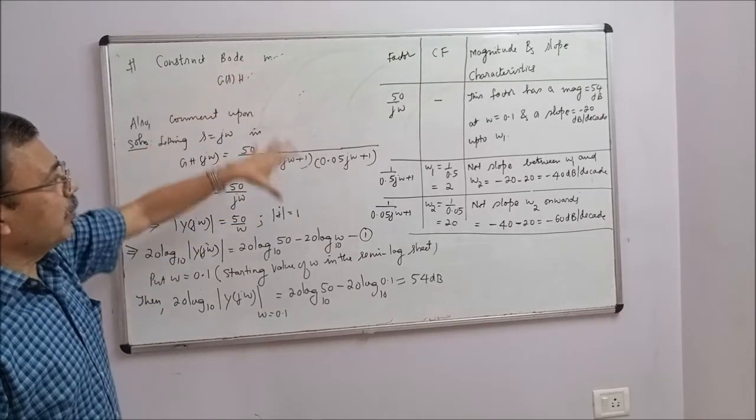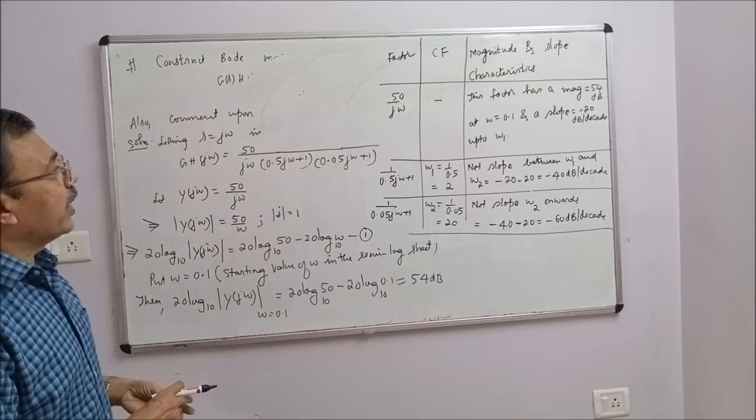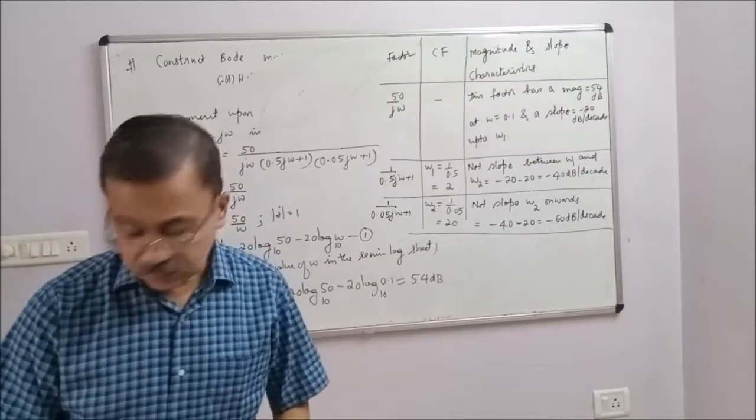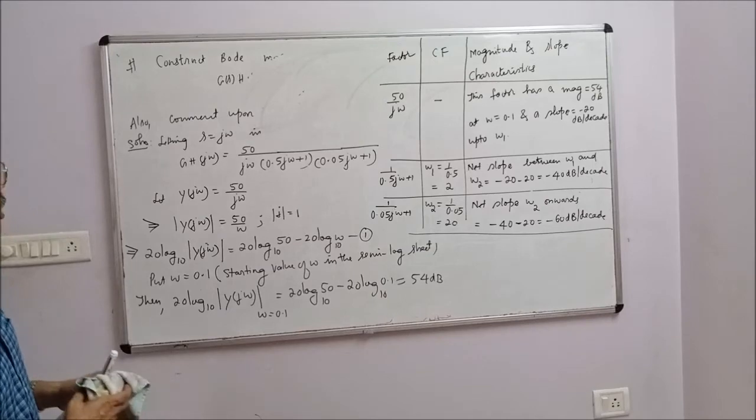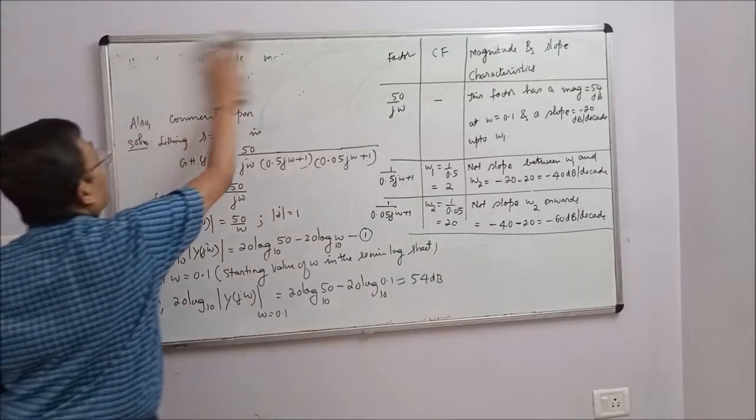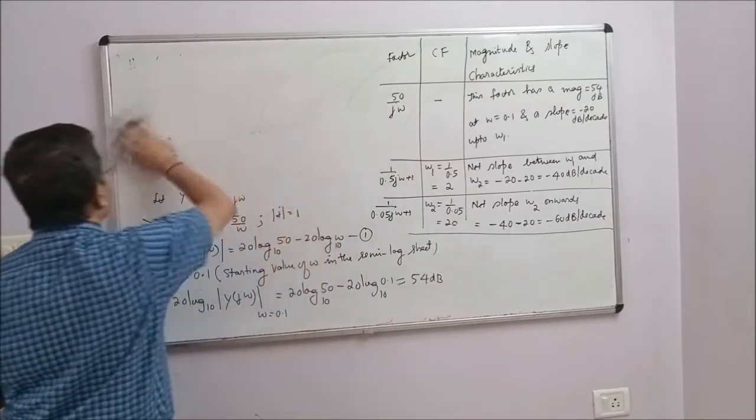I have prepared the table for drawing the magnitude diagram. So briefly I will explain to you how this magnitude diagram is drawn. Then I will take a semi-log sheet and explain it to you.